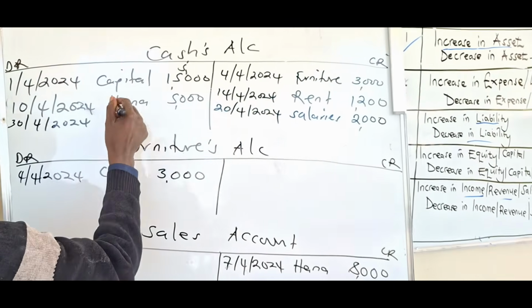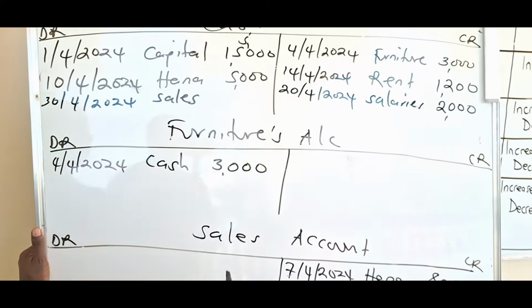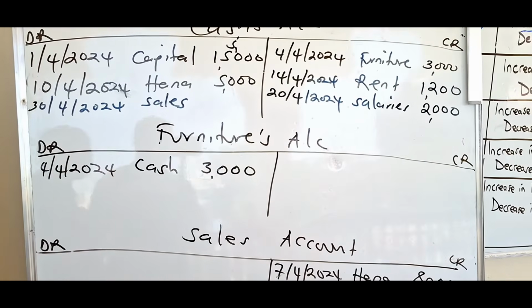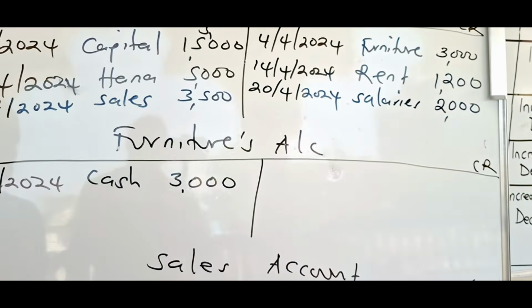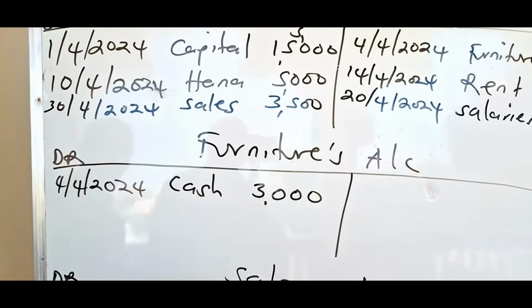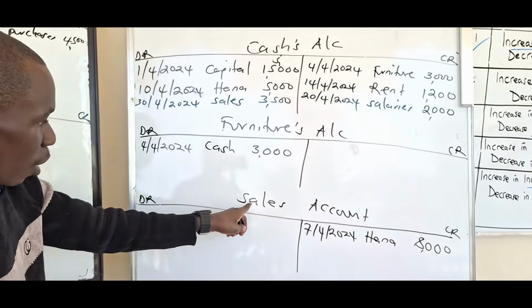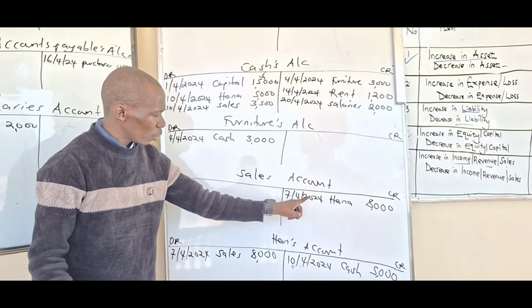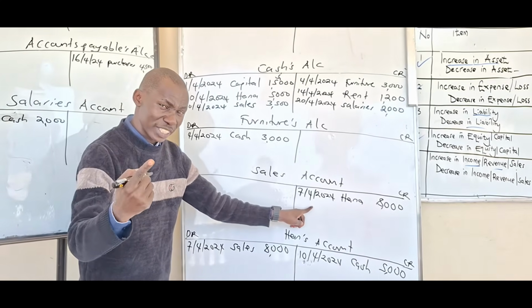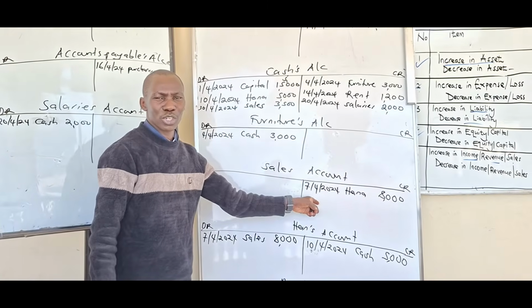2024. We are going to receive cash from where? From sales. How much is it? That is 3,500. You go to the sales account as well. You look for the sales account. You must be having it somewhere. Yes, it's here. Don't forget, in this sales account, at first I recorded the sale where we had sold goods on credit. She didn't pay, but we recorded it there. This one is a cash sale, but still I'm going to record in the same account.